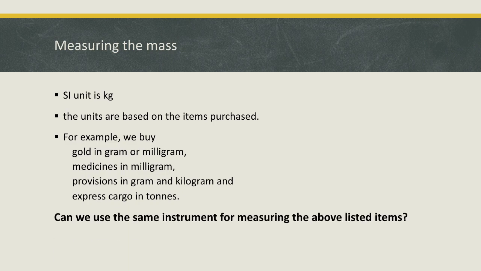Okay, so since we have different units, can we use the same instrument for measuring all the above listed items? So for gold also I can use the same instrument, and for the huge cargoes also can I use the same instrument? No, absolutely no, right?